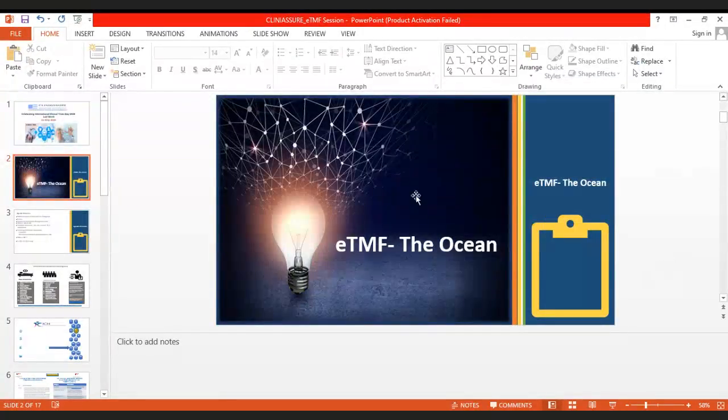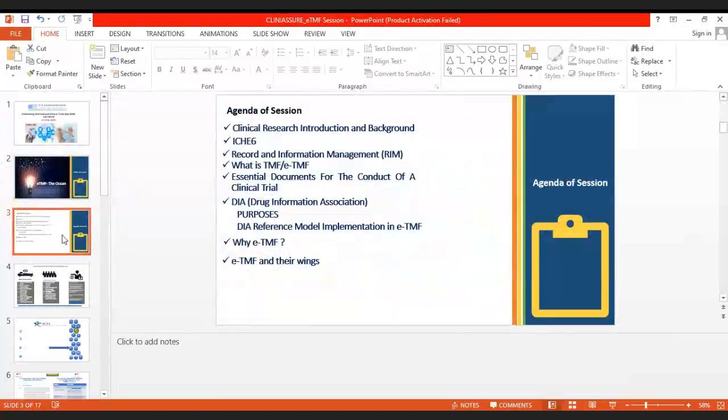Okay, so basically the agenda of today's session is related to eTMF. We'll start with the clinical research introduction and background, not in much detail, but a little bit. After that, ICH E6, which is GCP, and then record and information management in eTMF, that is also called RIM.